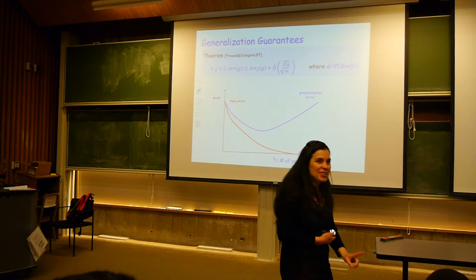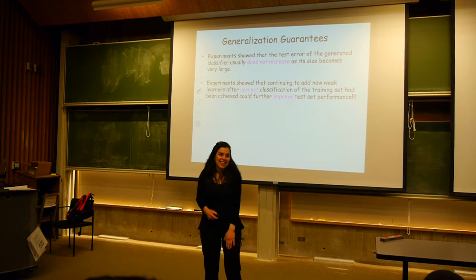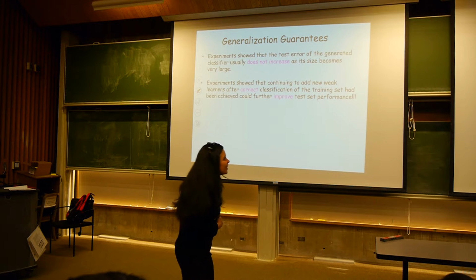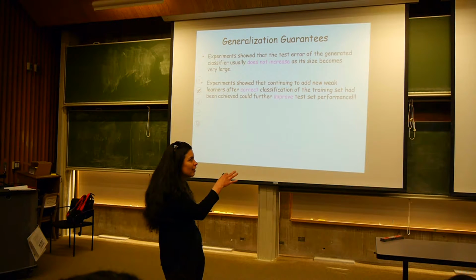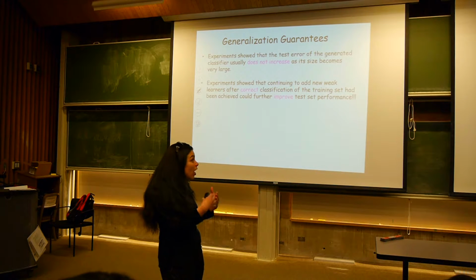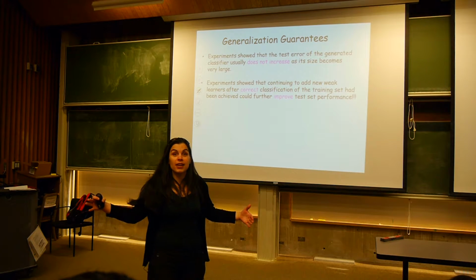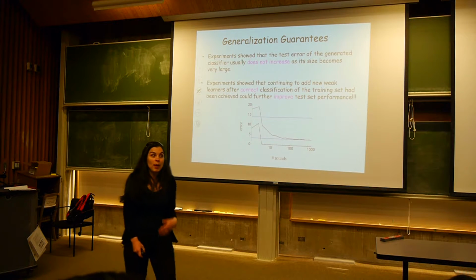But here is the cool fact. It turns out that this is what everyone expected, but experiments with boosting showed that the test error of the classifier output by Adaboost somehow did not increase as the size of the classifier became very large. And in fact, something very puzzling happened.